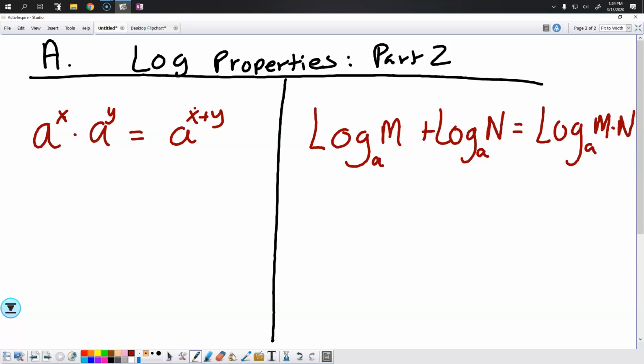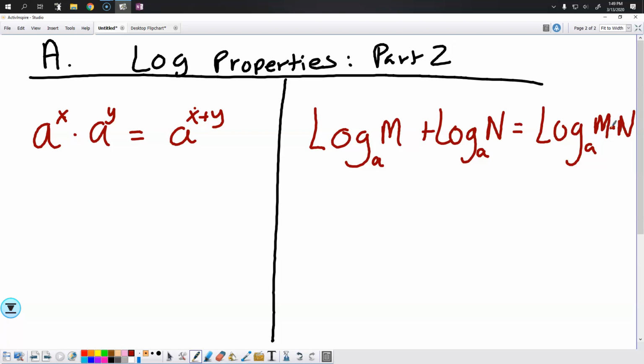Okay? Now, I'm not going to prove these properties to you. I'm just going to say these work and we're going to use them. Somebody proved that it actually works, but we're going to just take them at face value for now. This is a multiplication sign. Yeah, that's a multiplication sign.